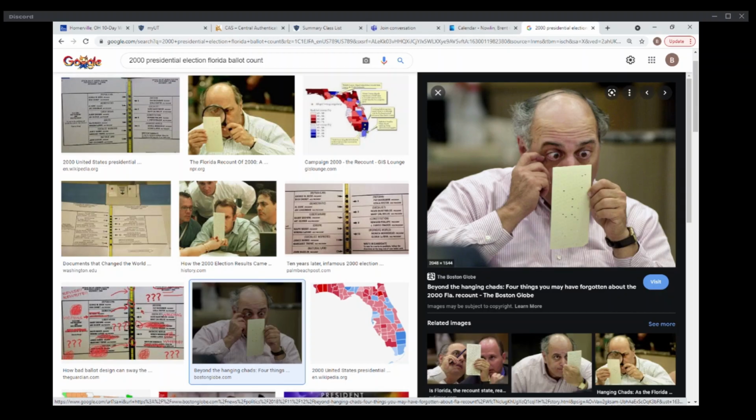When the punch card went through the card reader, if the chad wasn't completely removed, it was called a hanging chad, and sometimes it would go back over the hole and the vote wouldn't be counted. That's why they wanted to do a manual recount, and everybody got familiar with the term hanging chad.